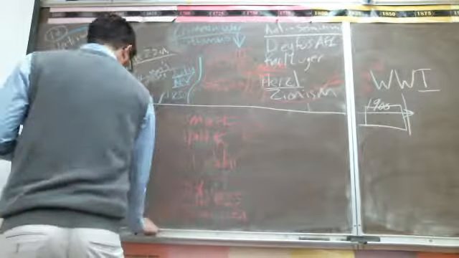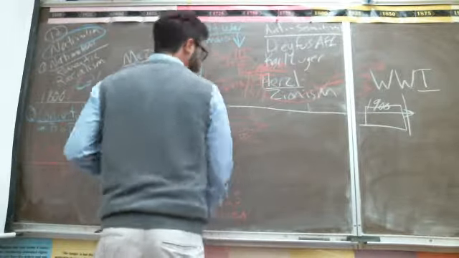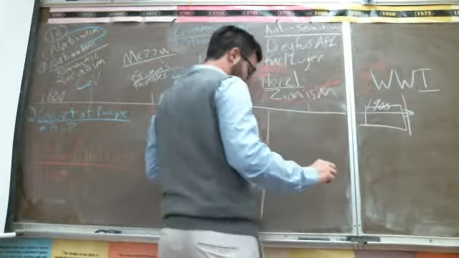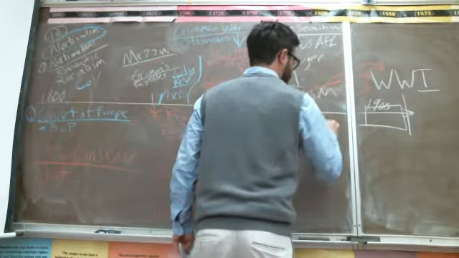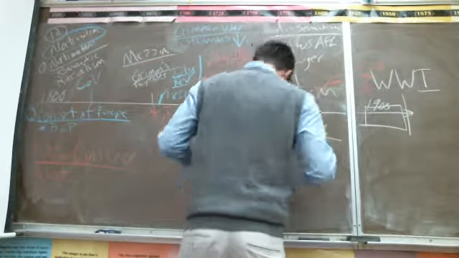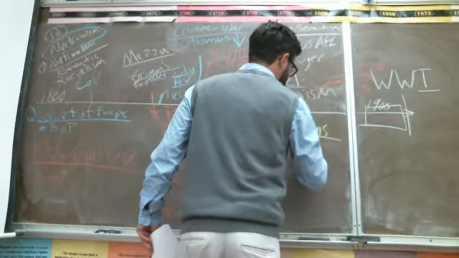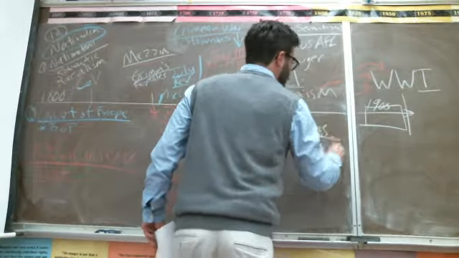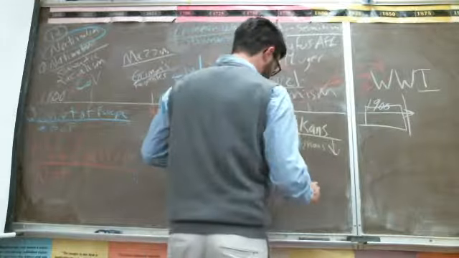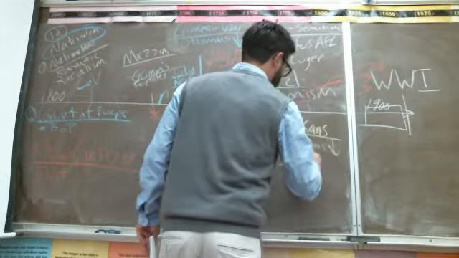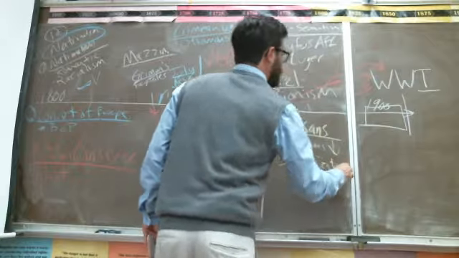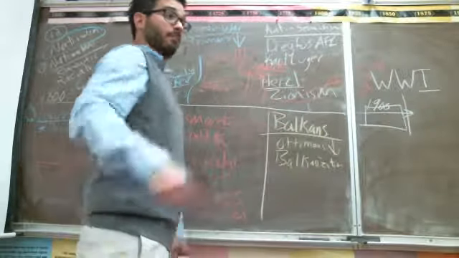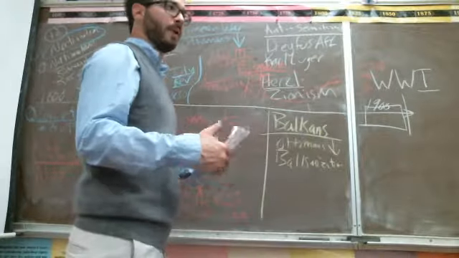And our last thing is very simply a restate of something that happened earlier. What happens to the Balkans? With the Ottomans weakening in power, the Balkans go through Balkanization. And how does that lead to World War I? Primarily, they're going to become the powder keg.